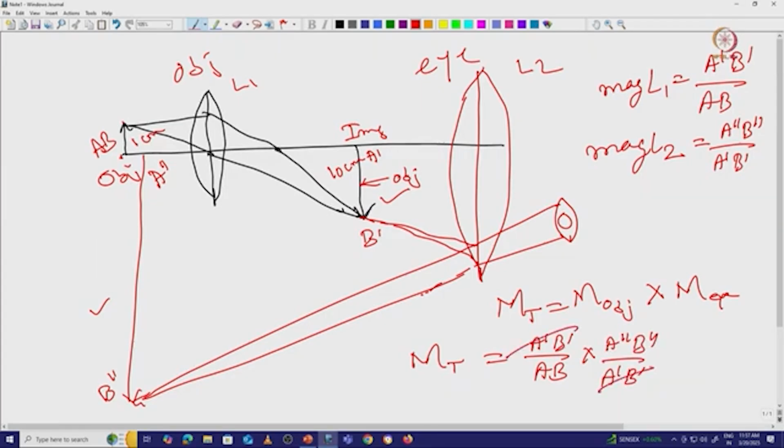So this part will cancel, and finally it will stay A double prime B double prime by AB. This is your object size and this is your final image size. So you can consider the final image size divided by the actual object size, and you will get the total magnification.